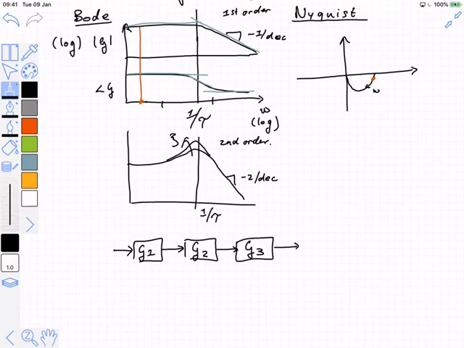And if I know what the frequency response is of each one of those systems separately, calculating the frequency response of the overall system involves calculating the frequency response of a product of different complex numbers.